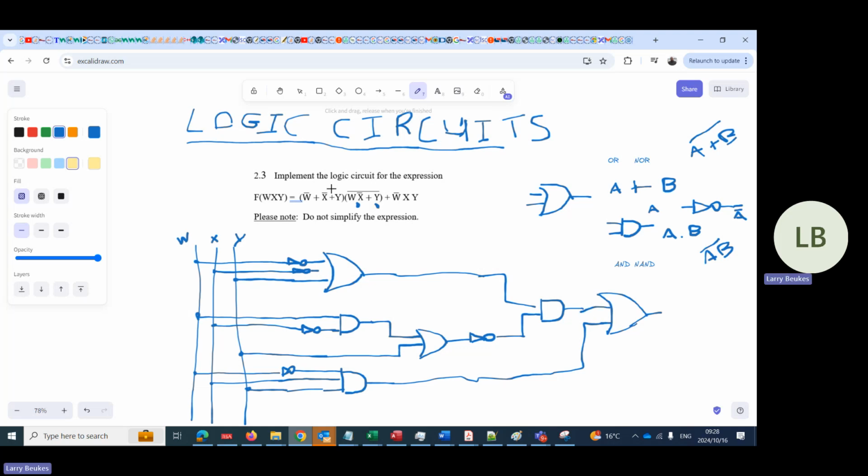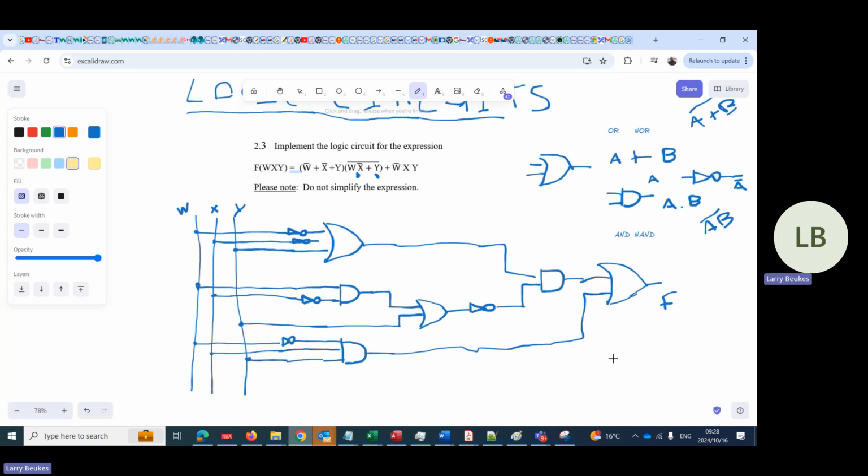Here it is, guys. So this is the output of this AND gate here. And then this is the output of this AND gate here. We add them together, we get our F. So our output F. All right, thank you.